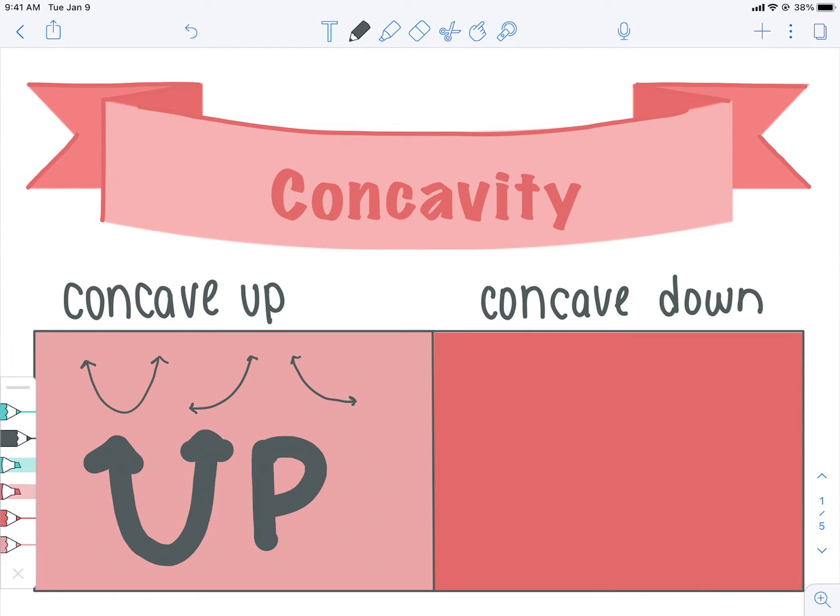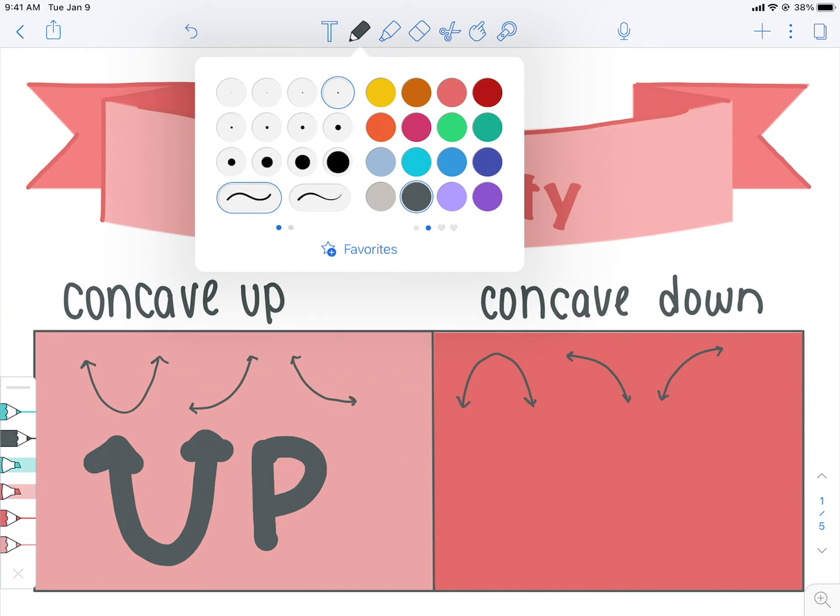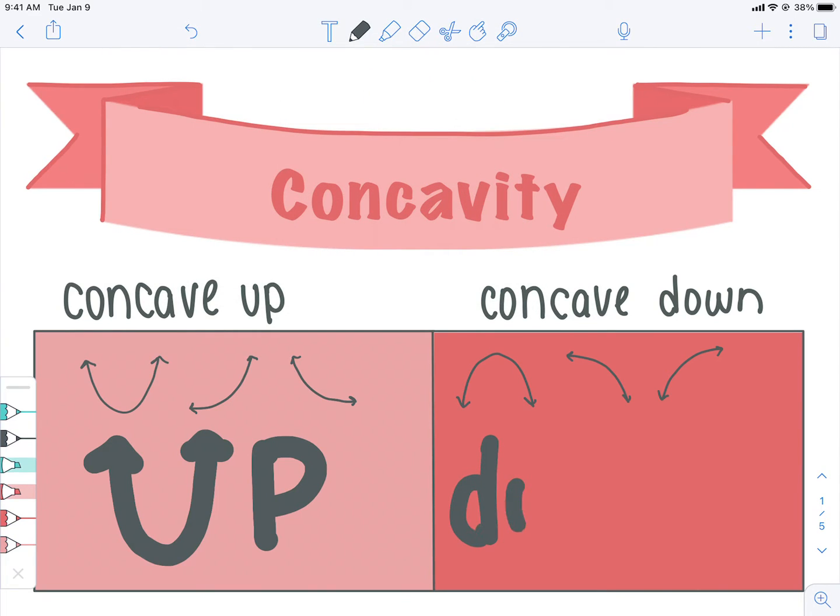Concave down is exactly the opposite, where my graph looks like a rainbow, or it's a piece of a graph that's facing down. So it's graphs that are bent downward. When I go to remember this, I always say concave down, it kind of makes the end for down.